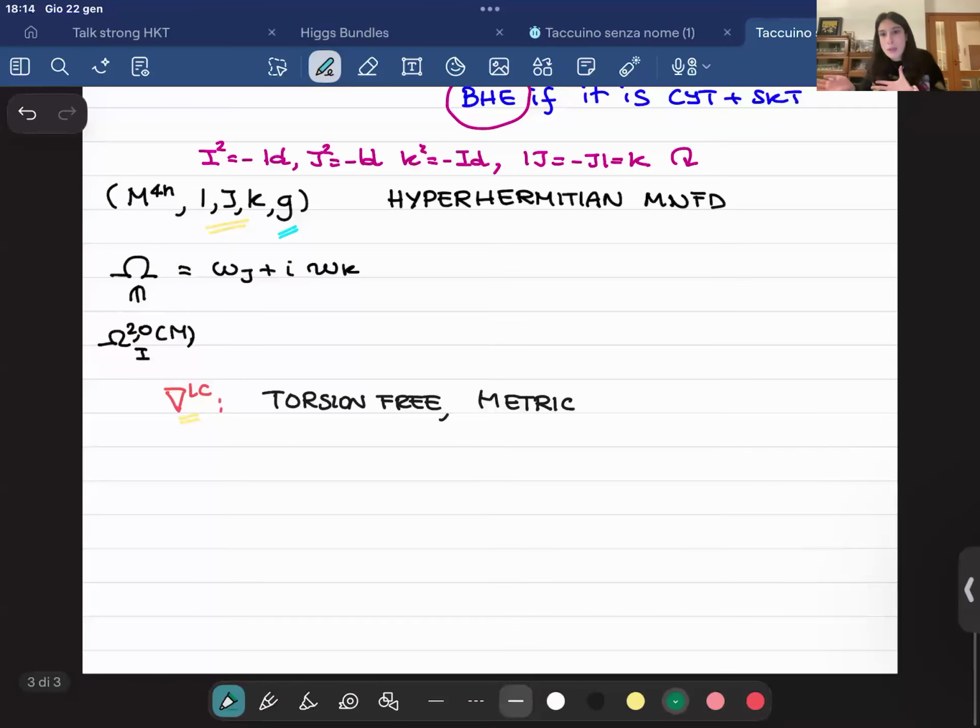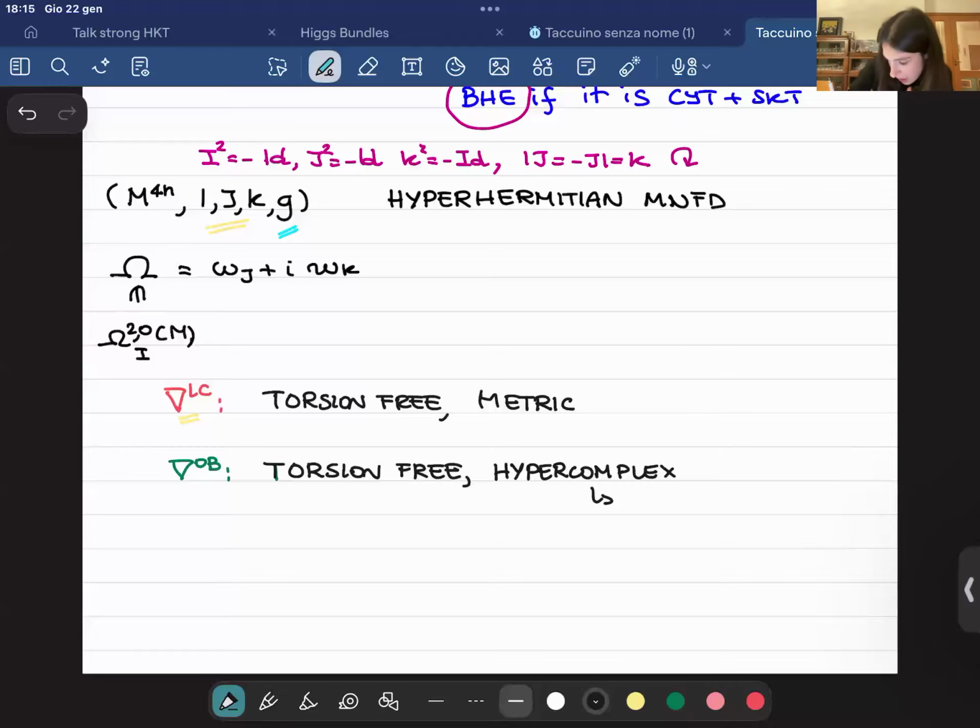Looking more at the hypercomplex point of view, I can consider the Obata connection. So the Obata connection has been introduced by Obata in the 50s. Again, this is a torsion-free connection. And it looks at the hypercomplex point of view. So it is, let me write this, hypercomplex.